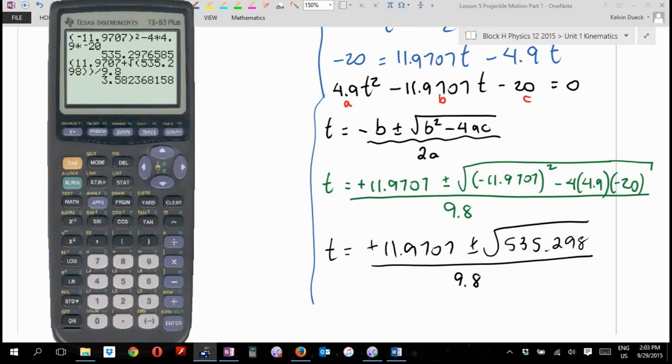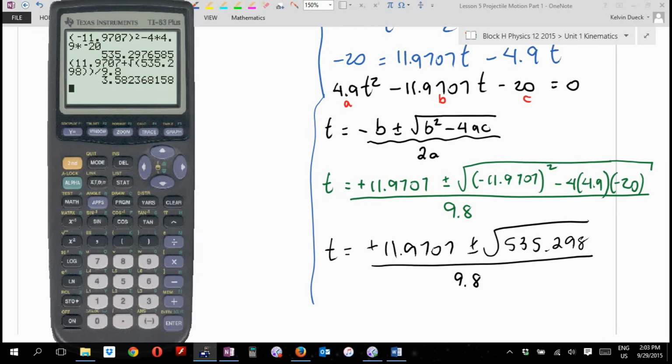The 3.58 might match, but I bet the last digits might be different. What'd you get to 5 sig figs? I got 3.58236 or 37? 2367. So, can you round off properly? We're in grade 12. And what'd you get? 3.58237. Okay. We're both good.